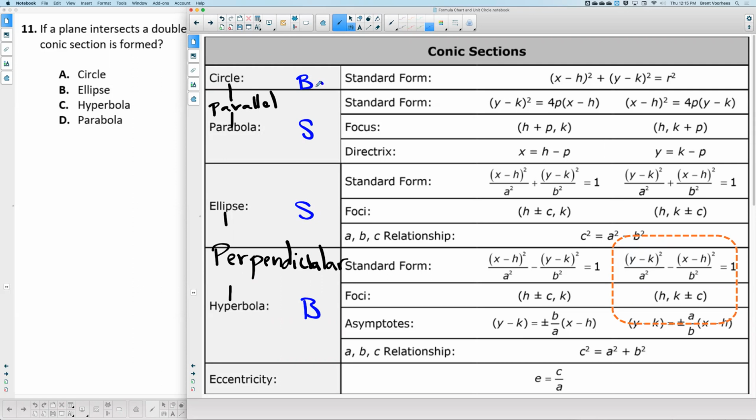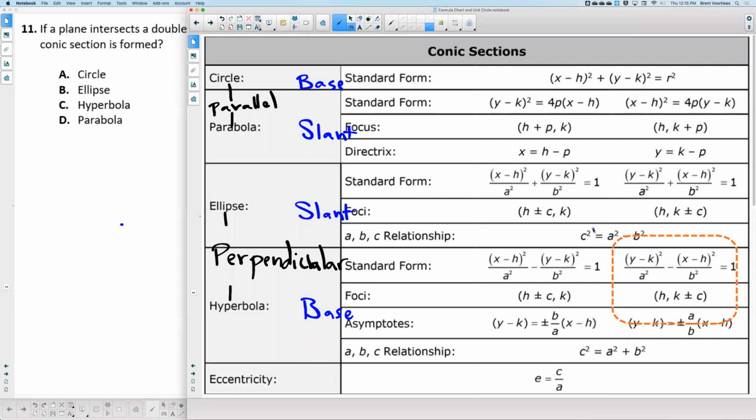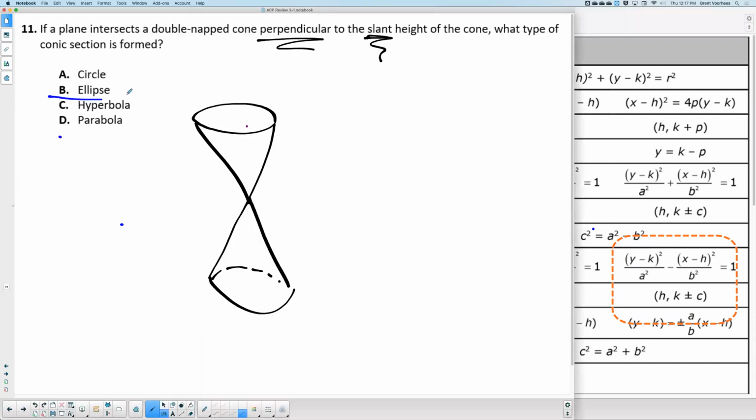Base, the slant, or the base. So on our problem, what did it say? Perpendicular to the slant. So parallels are out, and base is out. So it has to be ellipse. Okay? You'll have one of those on the test.